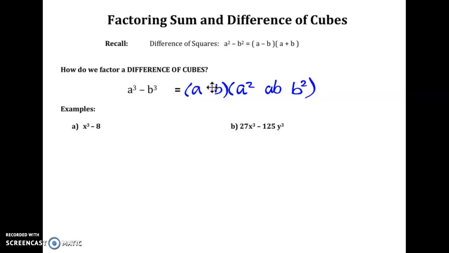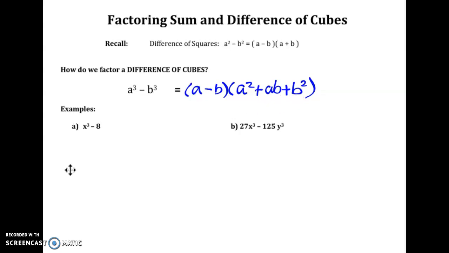And then the signs here are going to be a negative, a positive, and then another positive. That is the pattern that we will be following when we factor difference of cubes.